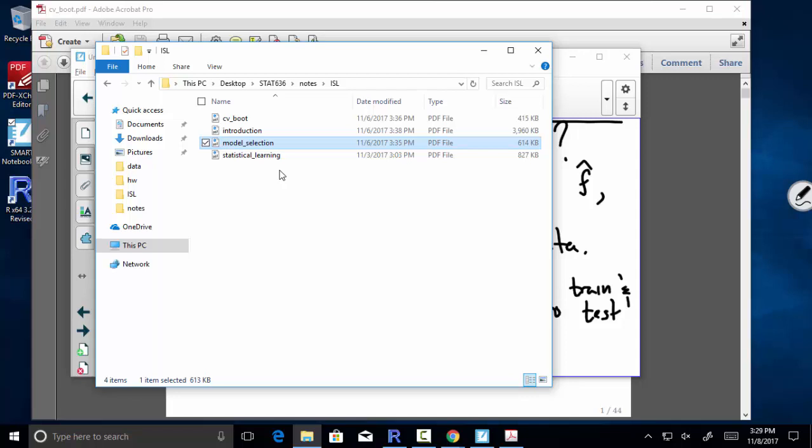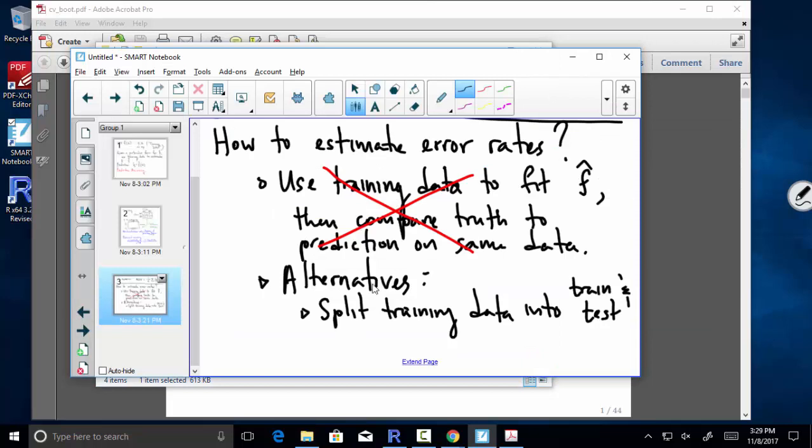There's a part of the book that has some more detailed discussion of this. I'll have to find it. I didn't see it immediately.